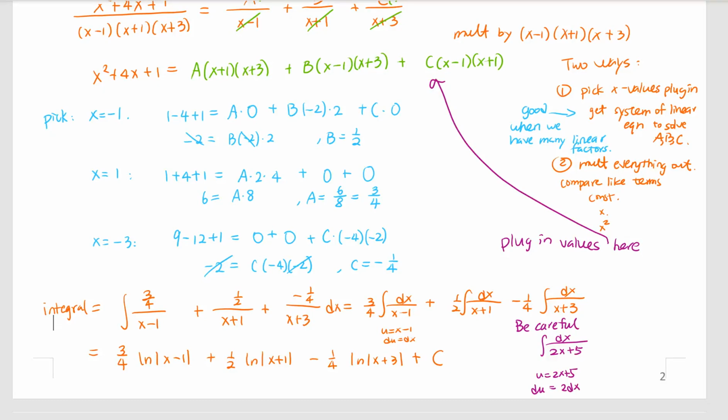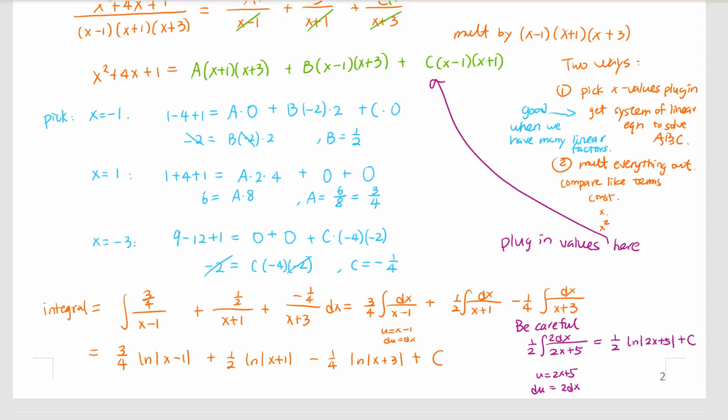So that's why when you want to match a du there, you want to multiply by 2. And when you multiply by 2, you also need to divide by 2. That's why this is 1/2. And then you have the integral of du over u. This is ln of absolute value of u. See? For example, if the coefficient of x is not 1, you actually have something in front of the ln.